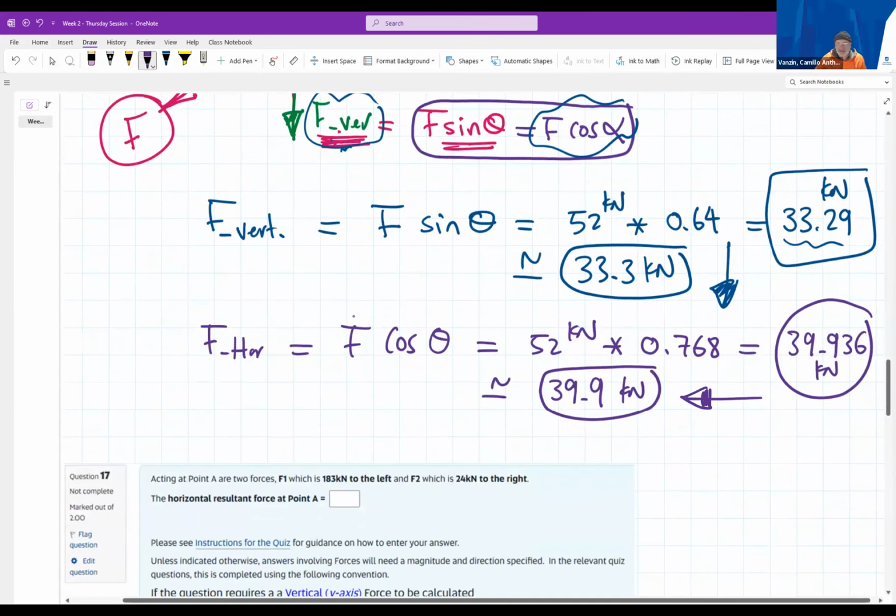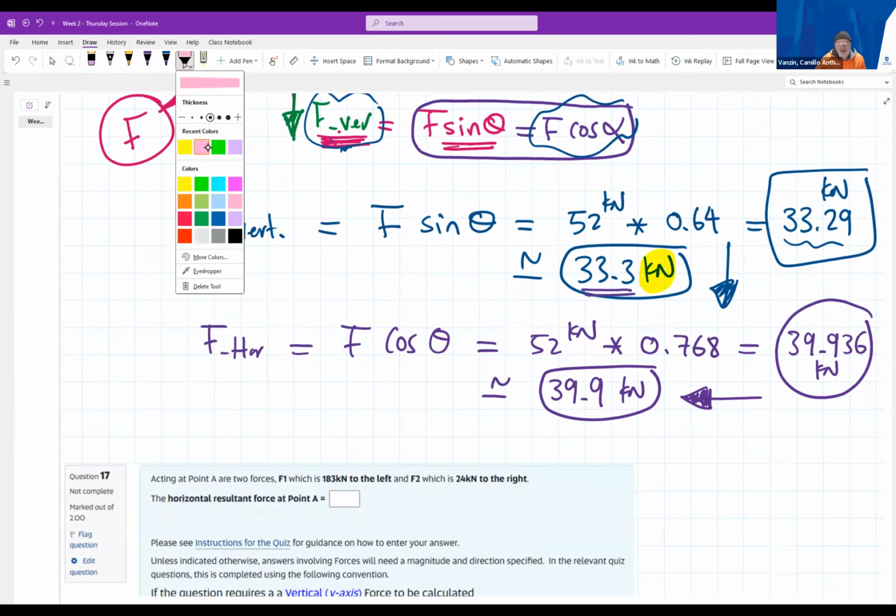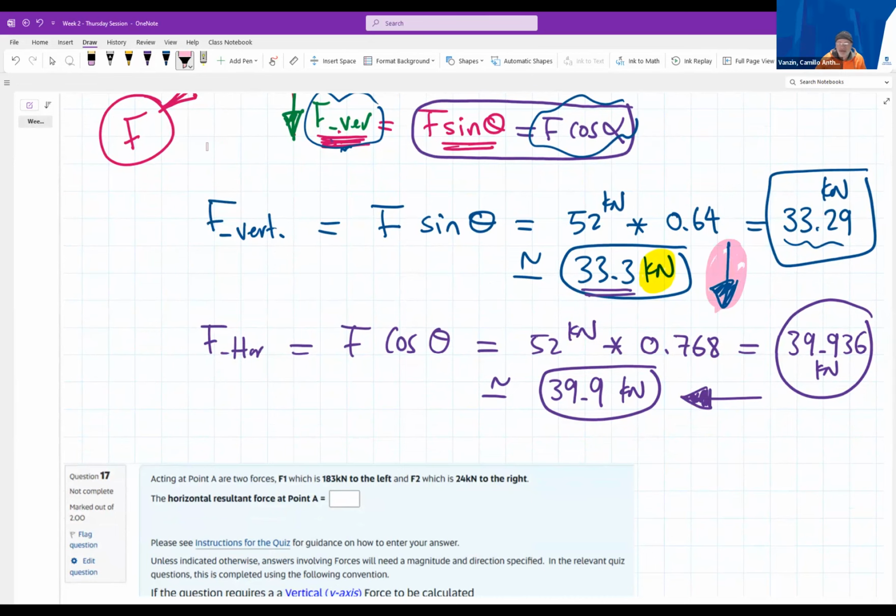So for any calculation of forces, you need three things. First is the magnitude or the value. What is second? The unit. What is third? The direction. So we have unit, magnitude, and direction. Three things.